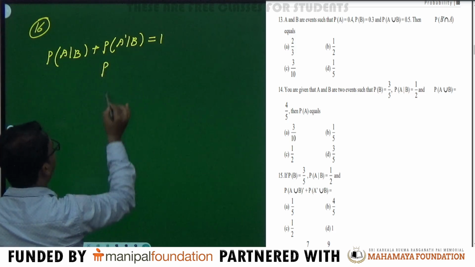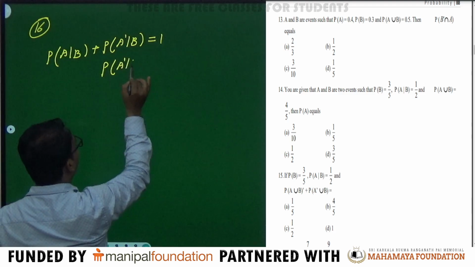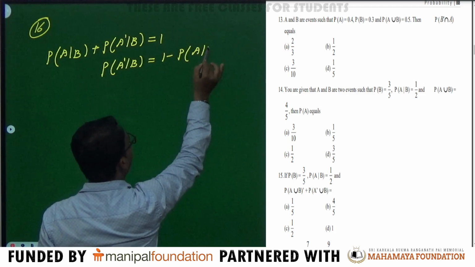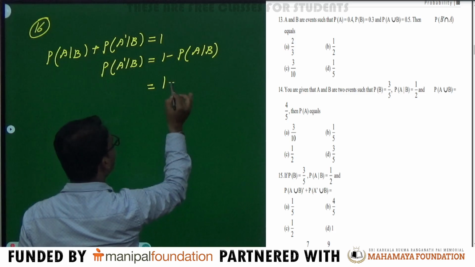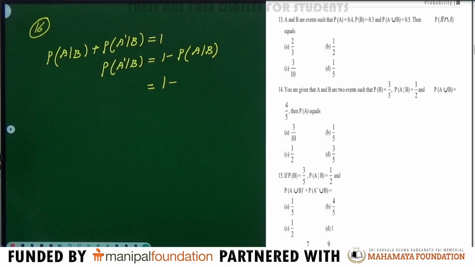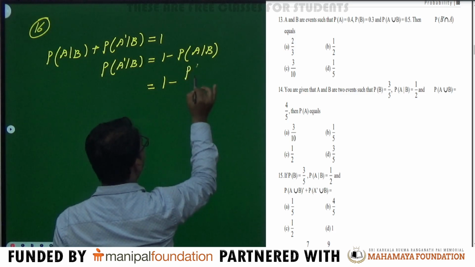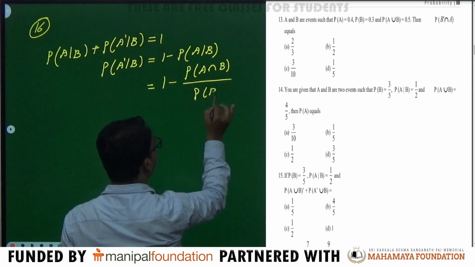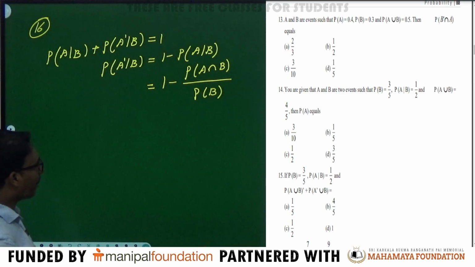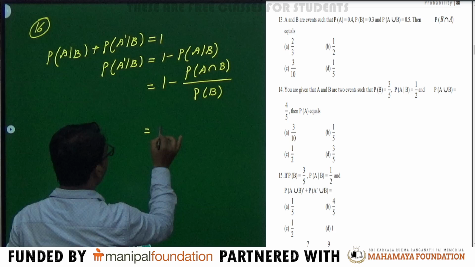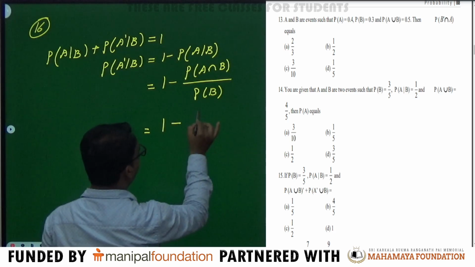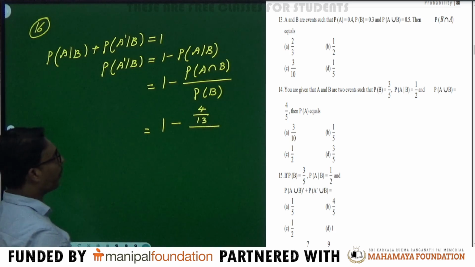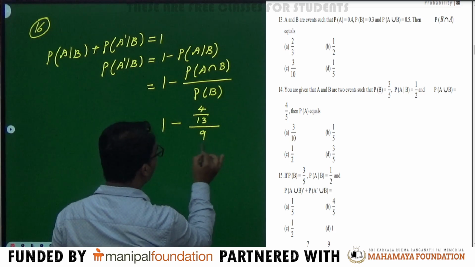Therefore, probability of A dash bar B is equal to 1 minus probability of A bar B. That is 1 minus, the formula to find probability of A bar B is probability of A intersection B upon probability of B. They have given probability of A intersection B as 4 by 13, upon probability of B value which is 9 by 13.